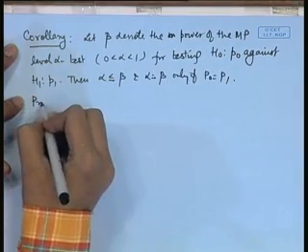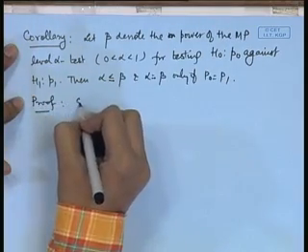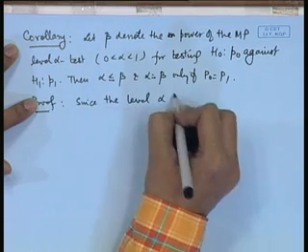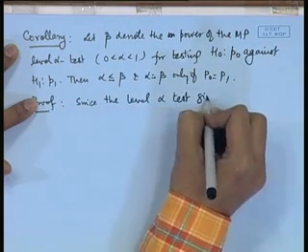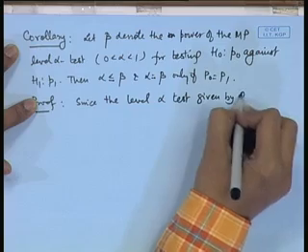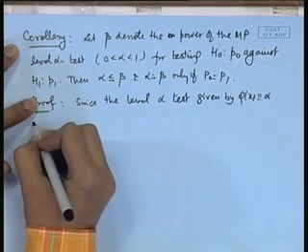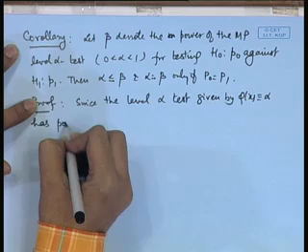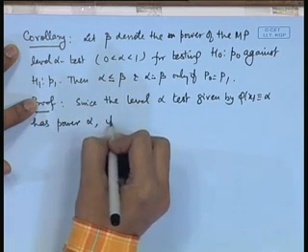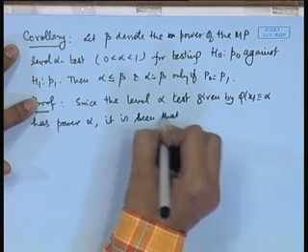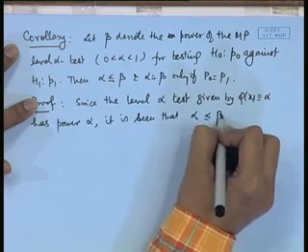Let me see the proof of this. Since the level alpha test given by phi x is equal to alpha, that means throughout this has power alpha, it is seen that alpha has to be less than or equal to beta.